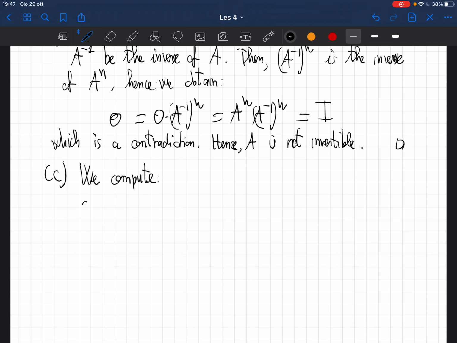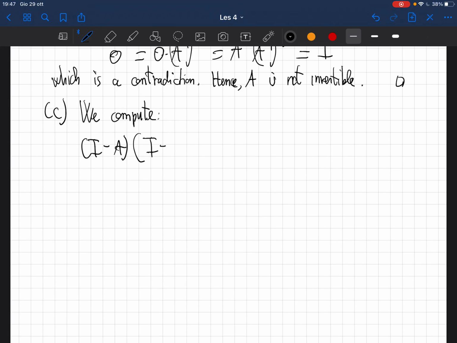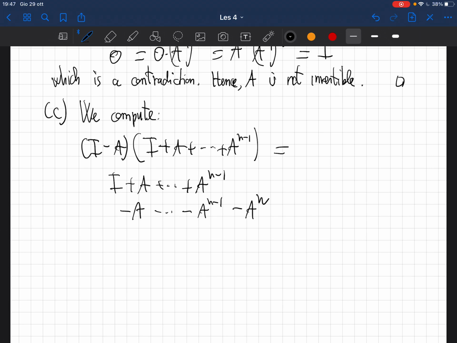We compute I minus A times I plus A and so on up to A to the n minus 1, minus A and so on, minus A to the n, which is again I. You can also do it like this to make things even clearer, and also the other way around.